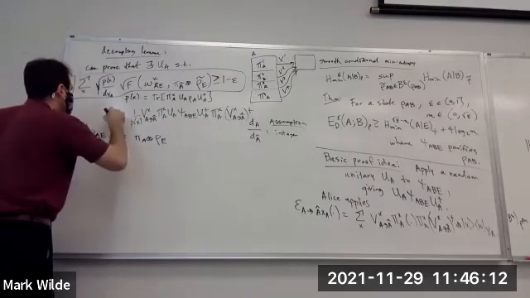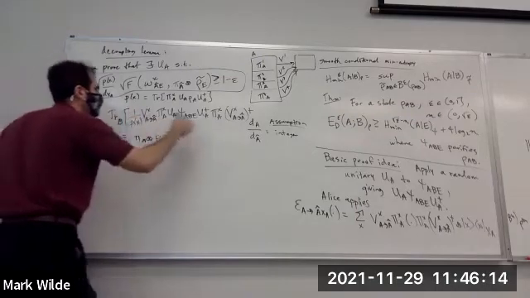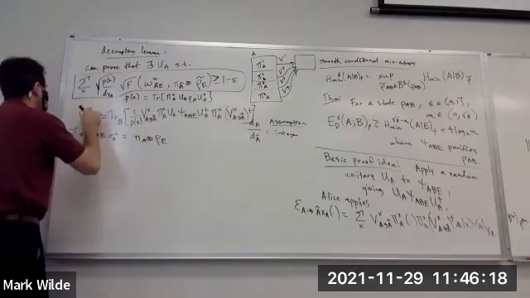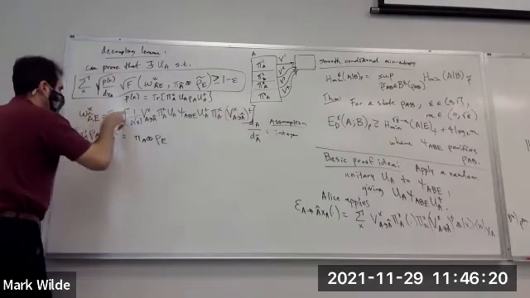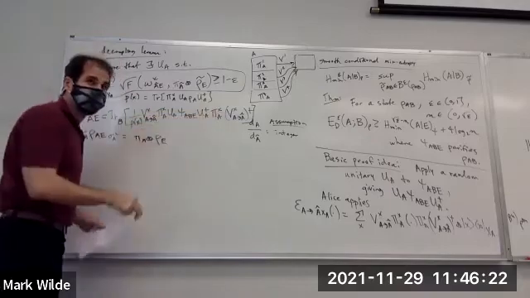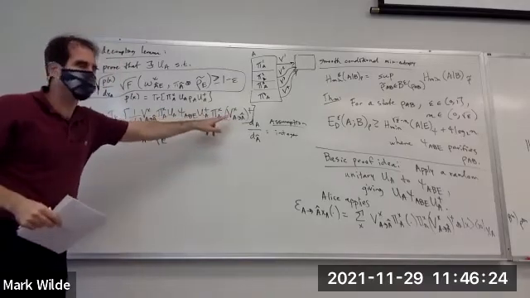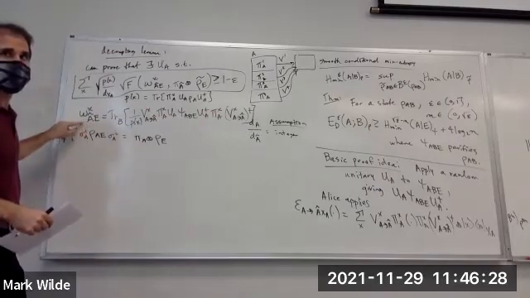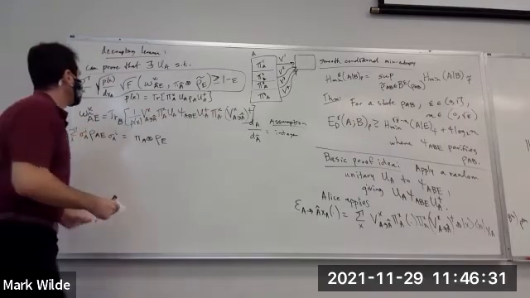Trace over Bob, and then we get omega. The point is, before the trace, this is a pure state. So this right here purifies omega x, the actual state. Okay.